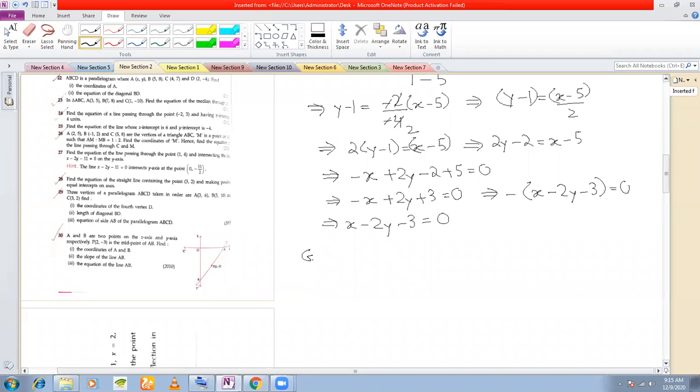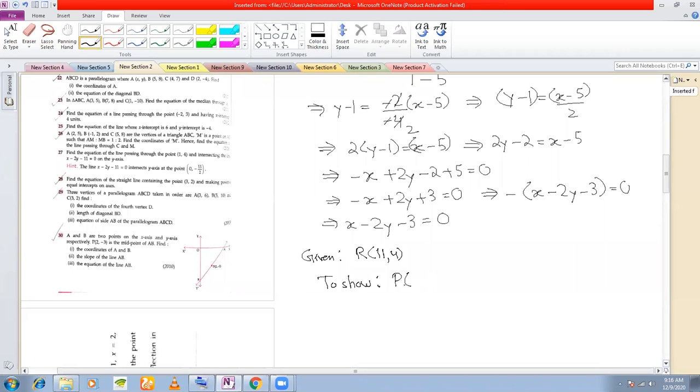So hence show that the points P, Q and R are collinear. Given the point R, what are the coordinates of R? 11, 4. I'm writing all this because you don't have your questions in front of you. Most of you must be in bed or just out of bed.